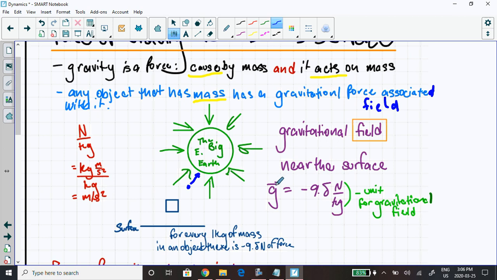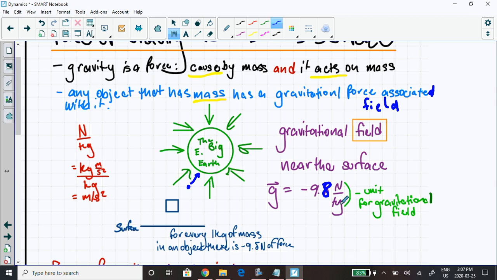It's very similar and associated with the acceleration due to gravity. It's the same number, but the value in terms of unit has been changed. So what it's saying is this. If you have an object near the surface of the Earth, it has the Earth's gravitational field having a force on it.